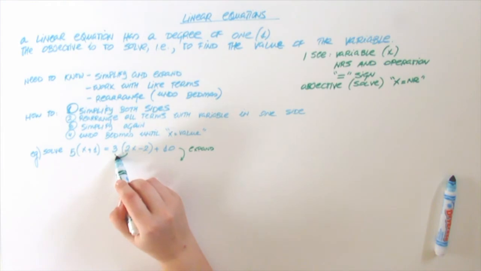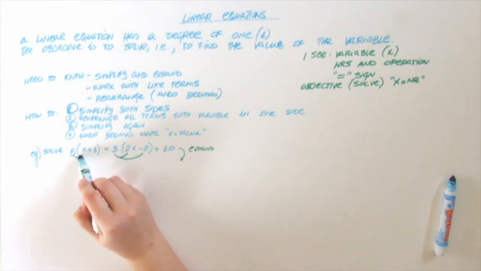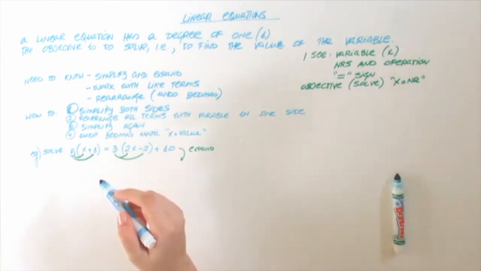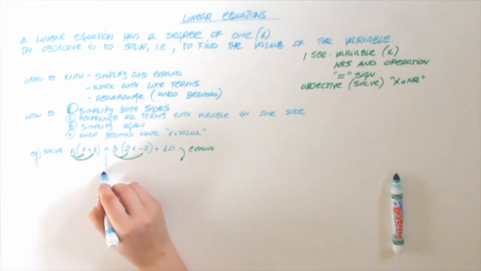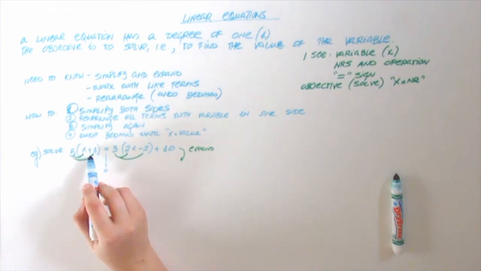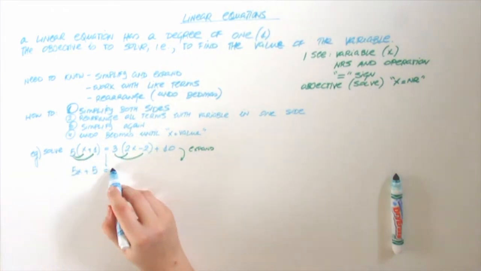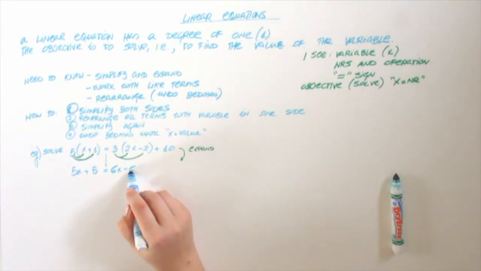I see brackets. Brackets means that I need to expand, so then I can combine. If I break those brackets, then this expression begins to look like this. 5x plus 5 equals 6x minus 6 plus 10.